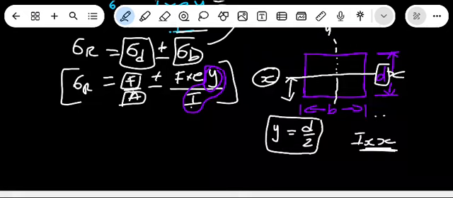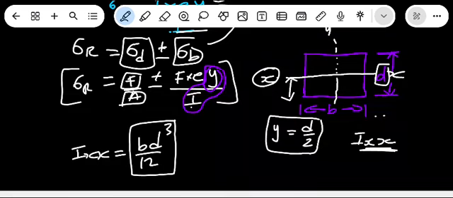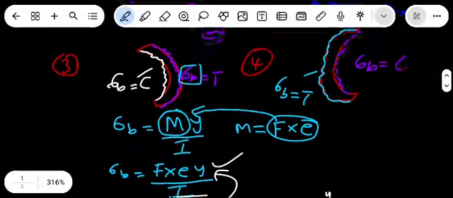And then the second moment of inertia, I x x, if you have been given this bar, will be given by b times the depth cubed, divided by 12. This is how you determine the second moment of inertia along the x-axis.